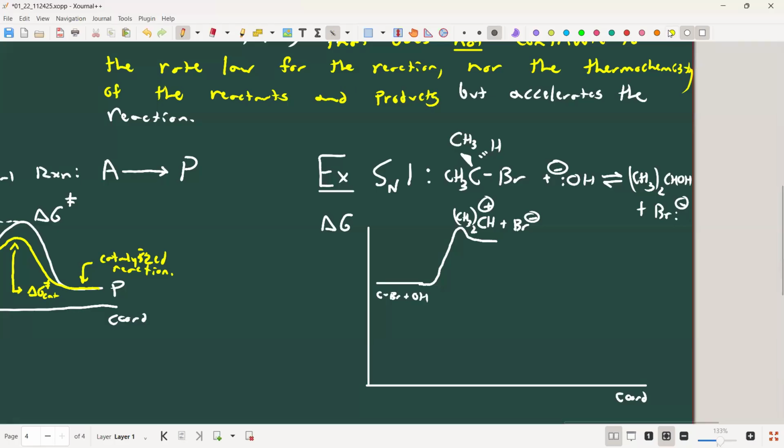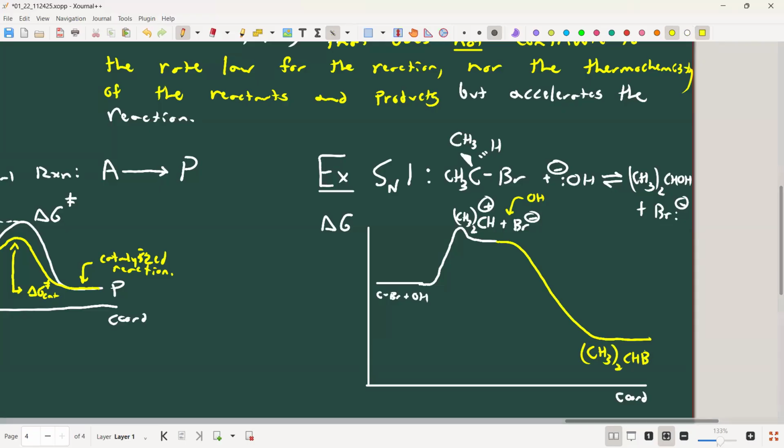Right? And then the OH comes in to attack, and that's downhill. And we form (CH3)2CH OH.